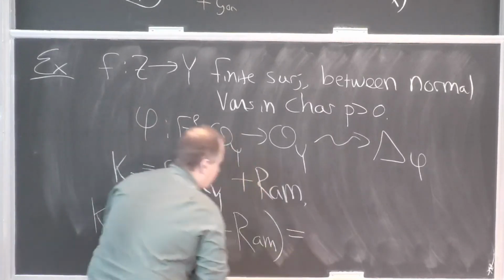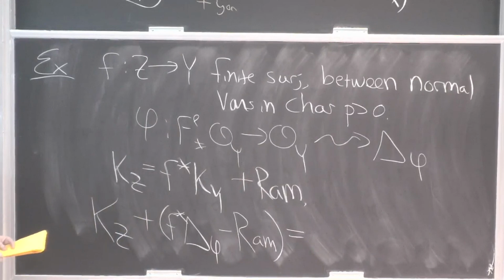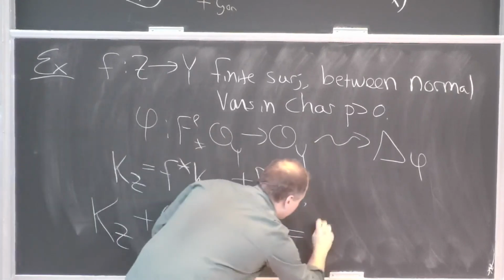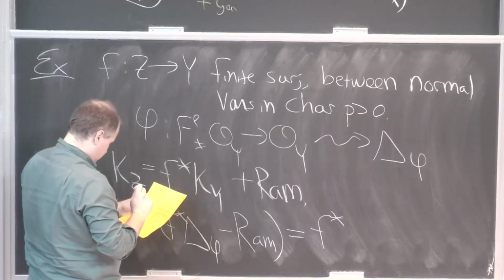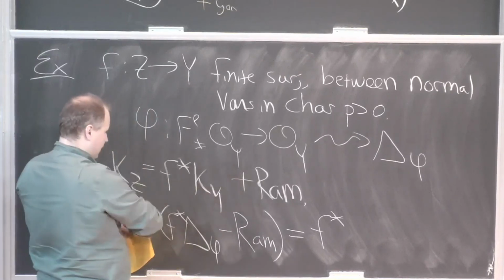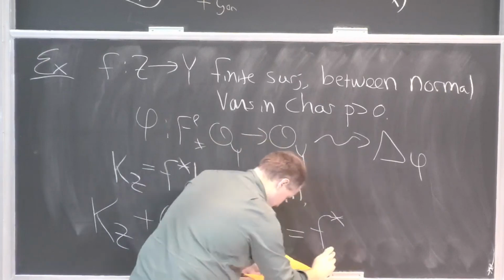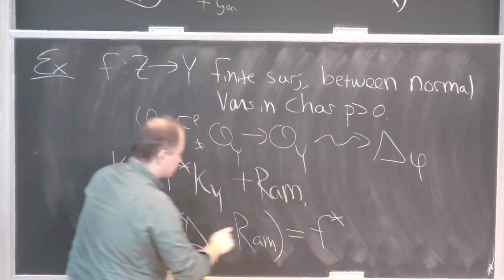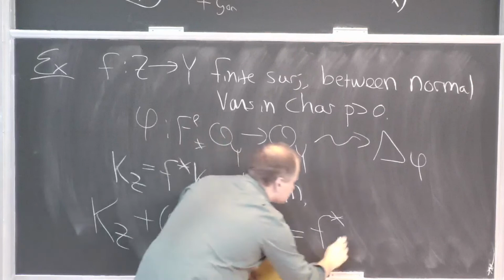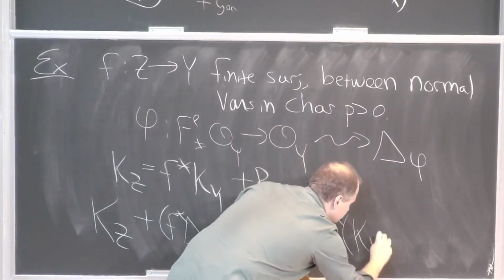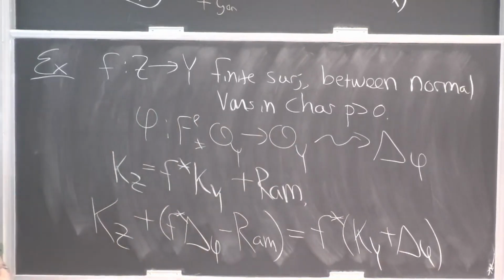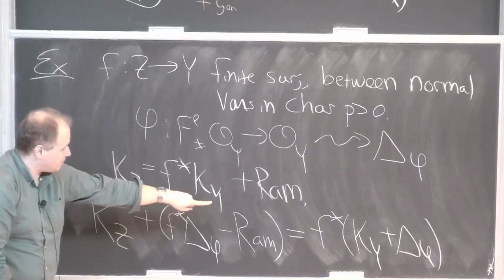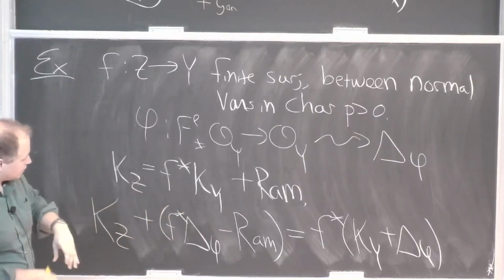That this is going to equal pullback. I can always do, yeah, I'm just adding pullback of delta phi to both sides. Okay, and I'm moving the ramp to the other side. So what I have is kz plus something is the pullback of ky plus something.